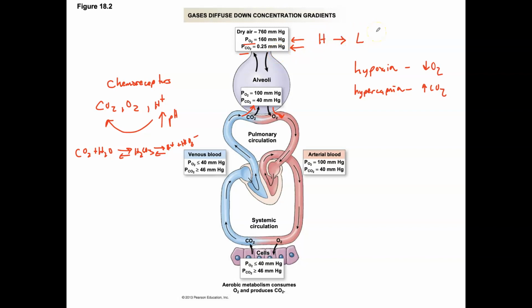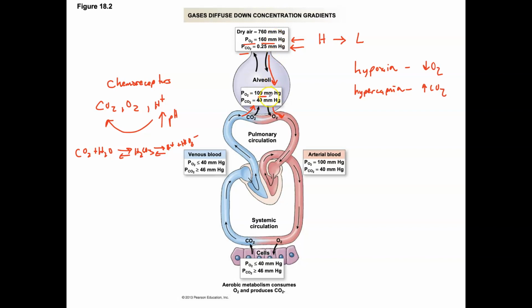So looking at this diagram, we can see how the movement of oxygen and carbon dioxide is going to occur. If we have a higher level of partial pressure of oxygen in the air that we breathe, that means that it's going to move into the alveoli because the alveoli have a lower partial pressure of oxygen, so 160 to 100.